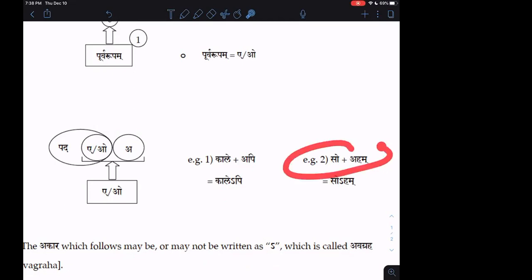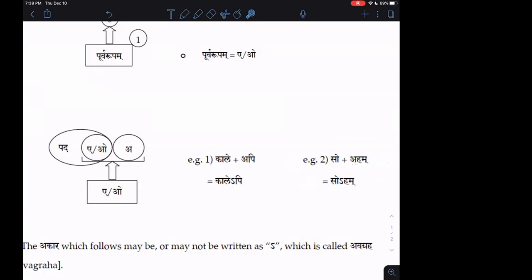Here's the second example too. So plus aham becomes soham. That O eats the akara. O eats the akara, and then that's gone.